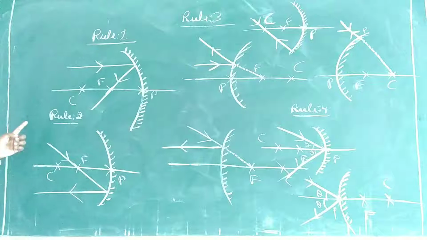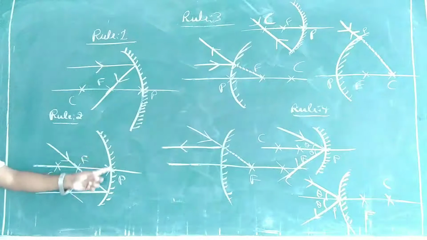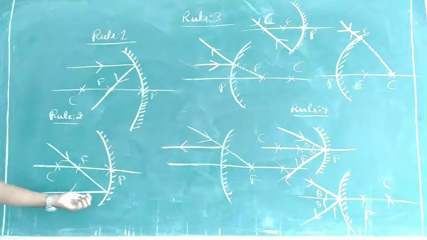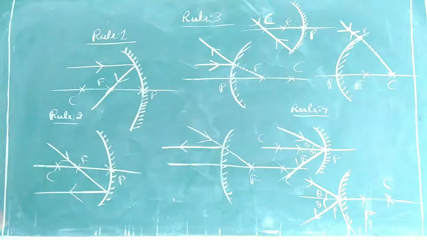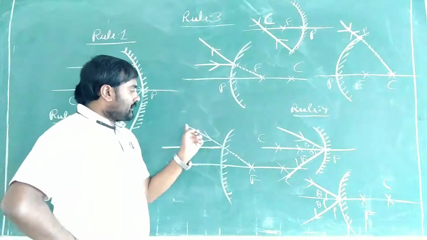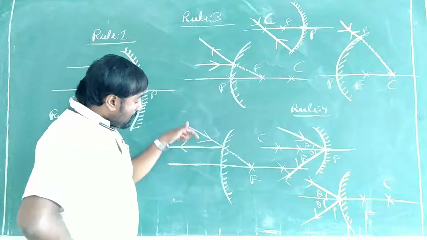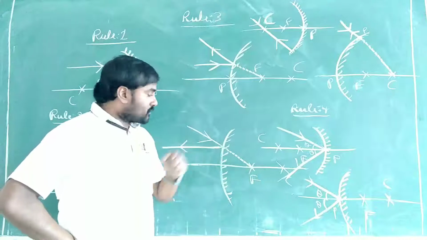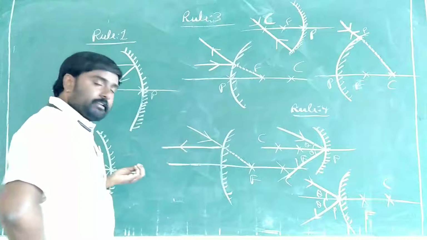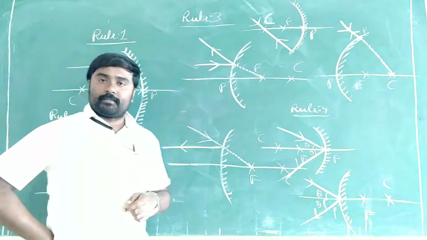Rule number 2. Whenever the ray of light passes through the principal focus and is incident on the silver surface, after reflection, the reflected ray goes parallel to the principal axis. Whenever the ray of light is incident on the silver surface of the convex mirror appearing to pass through the virtual focus, after reflection, the reflected ray goes parallel to the principal axis.